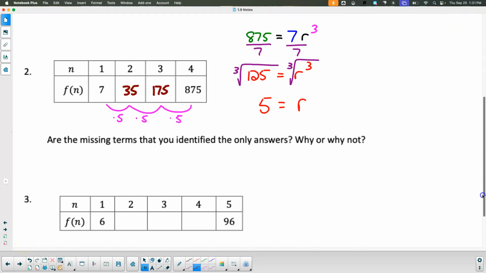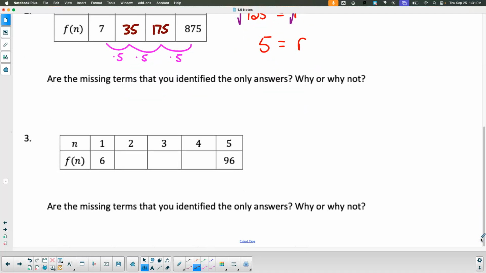All right, so number 3, we would have 96 equals 6 times r to the 4th power. 96 divided by 6 is going to be 16.